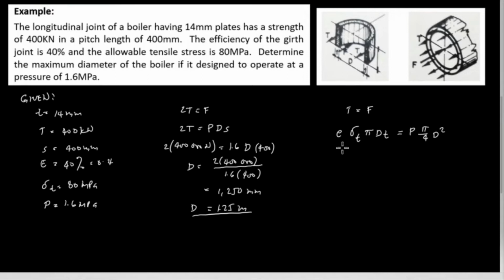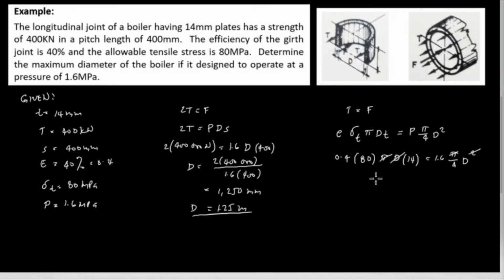Then we substitute. The efficiency, based on the given, is 0.4, and the tensile stress is equal to 80, and we multiply by pi and d, and the thickness is 14 millimeter, is equal to the design pressure, which is 1.6, and pi over 4 d squared, and we cancel out d and pi.